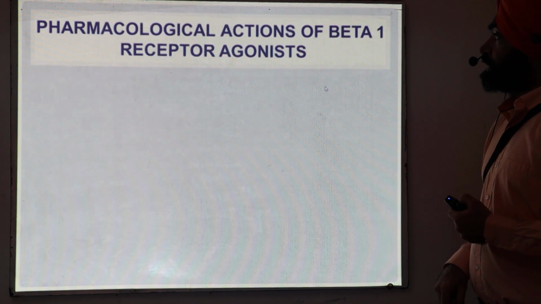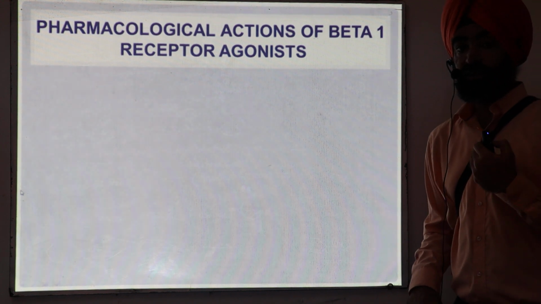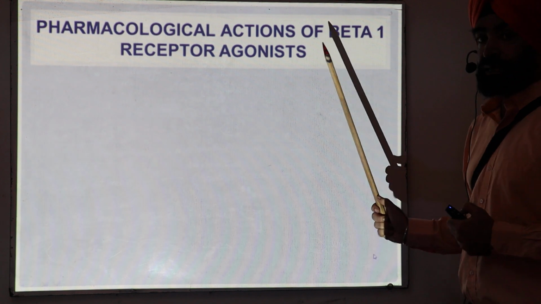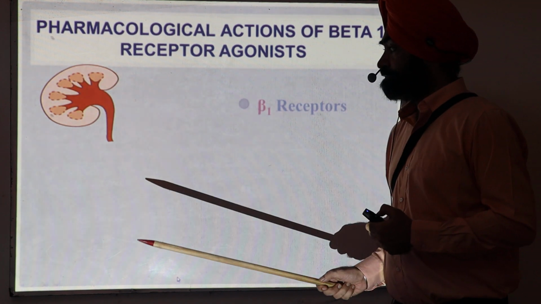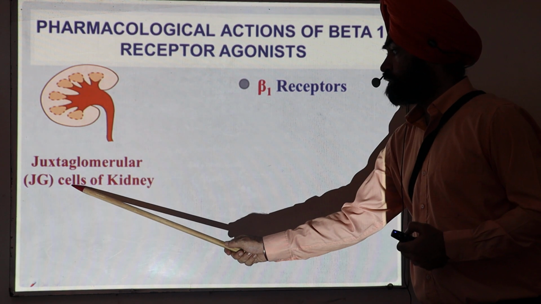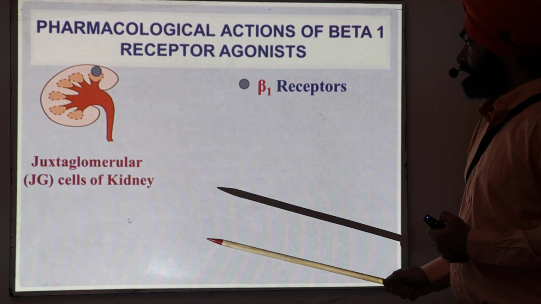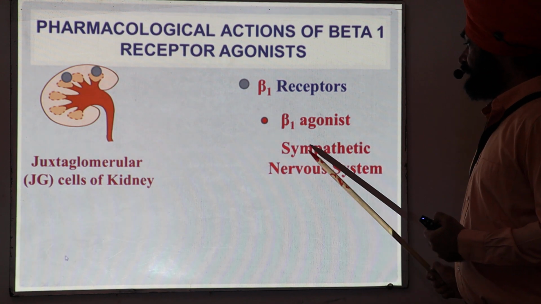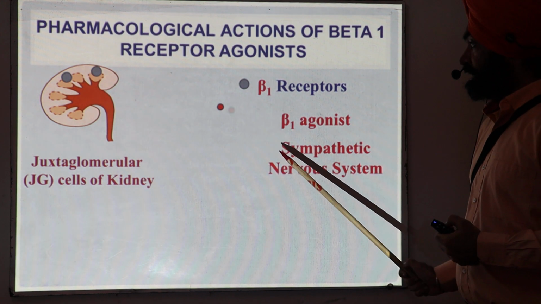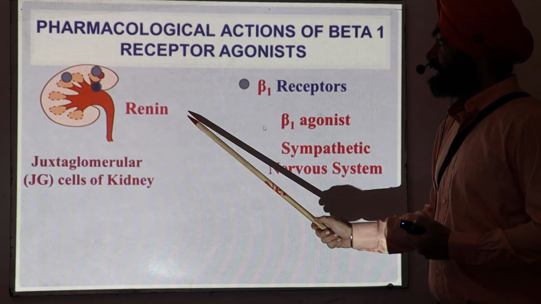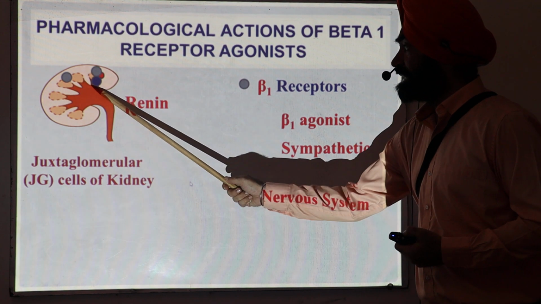So coming down to the other actions of beta 1. First, we have discussed the heart. Second location of beta 1, you remember, is the kidney. Beta 1 receptors are located on the juxtaglomerular cells of the kidney. Now these beta 1 agonists or the sympathetic nervous system will activate these receptors. What will be the result? The result is an increase in renin production.